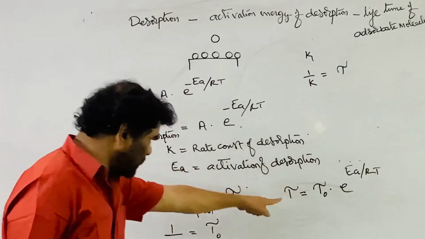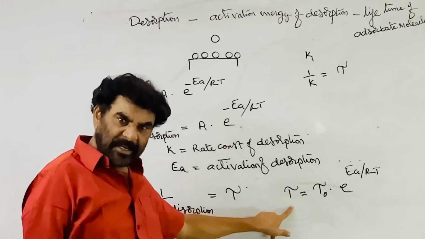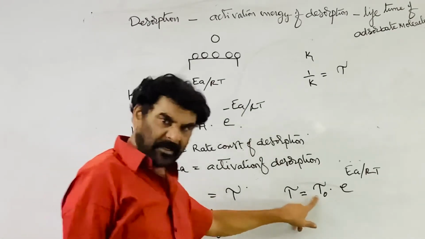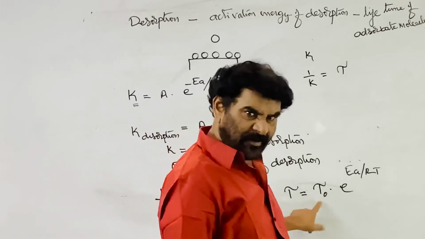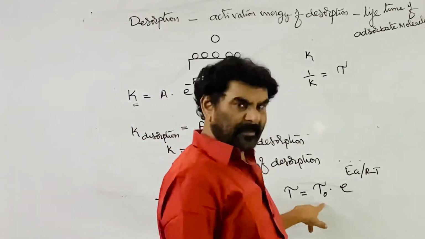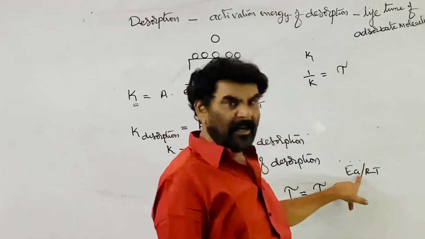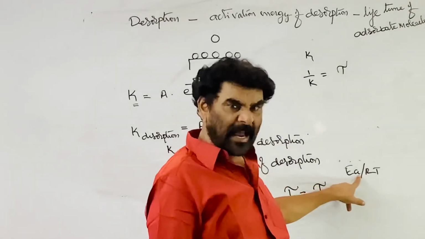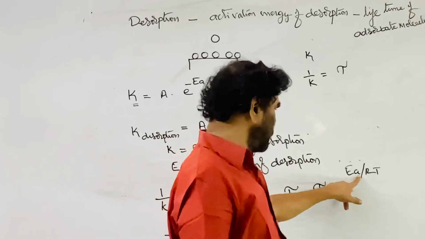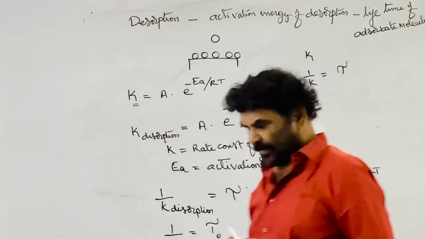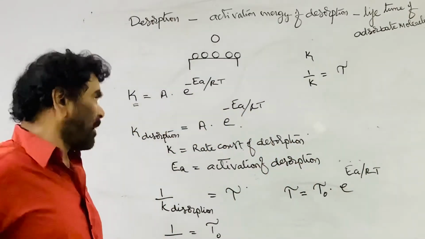Now it is in terms of the average life of the adsorbate molecule, equal to the standard average life tau naught into e to the power of EA, where EA is the activation energy of the desorption process and T is the temperature of the surface on which it is adsorbed.